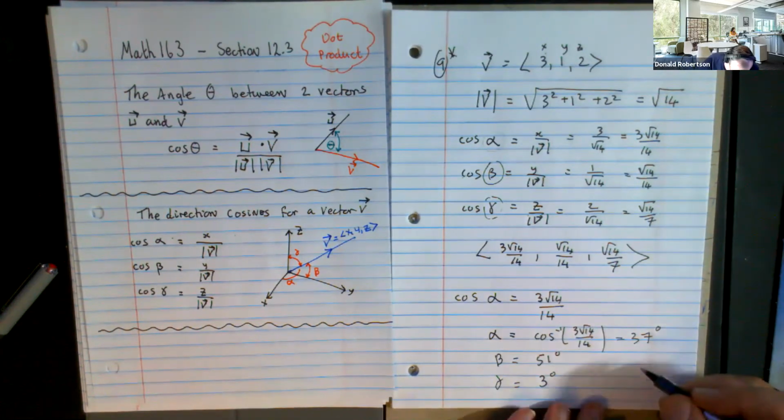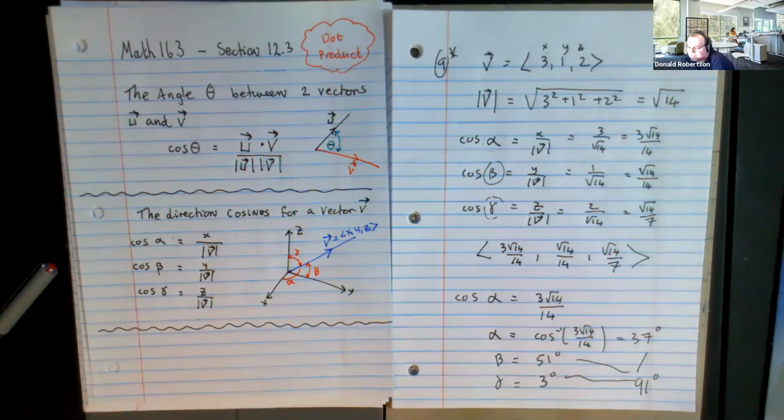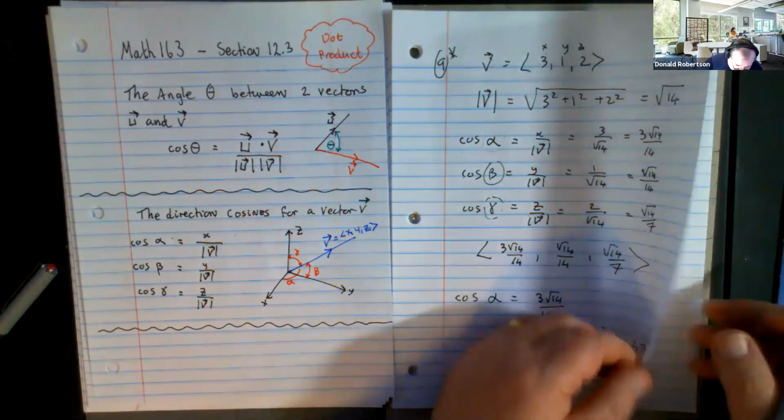If you add those together, can you see that they just add up to a random number? Who knows what that is, right? It might be 82 degrees, it might be 40, but whatever it is, it won't be anything very spectacular.